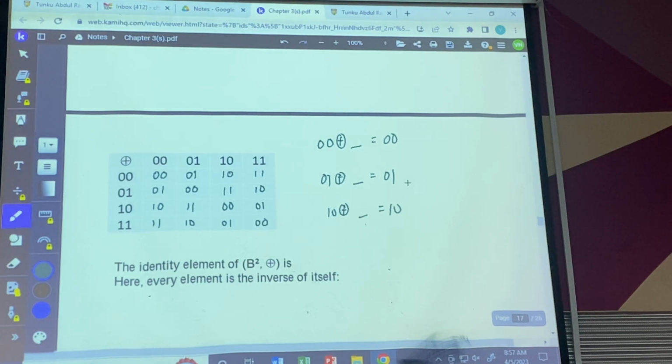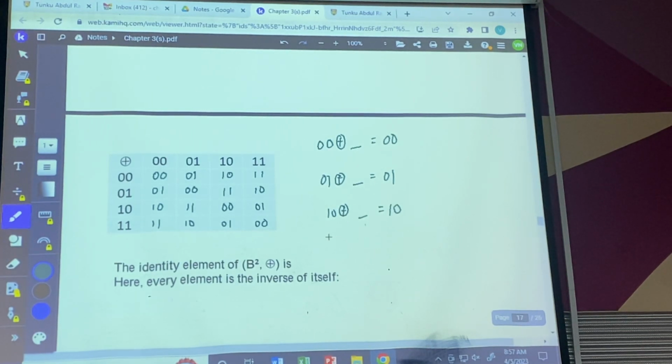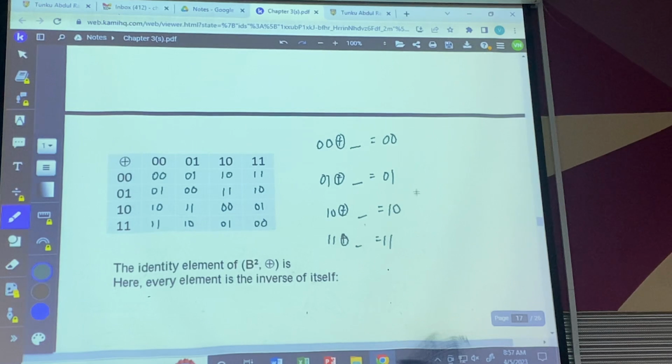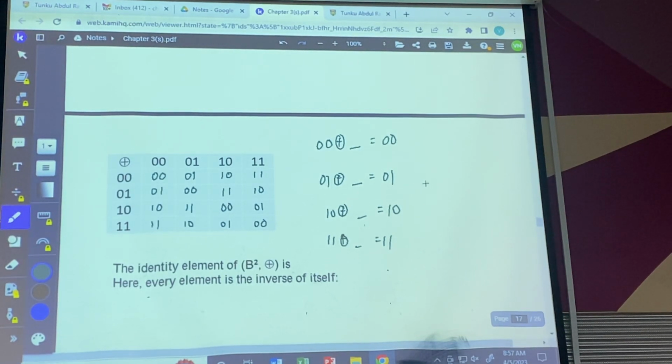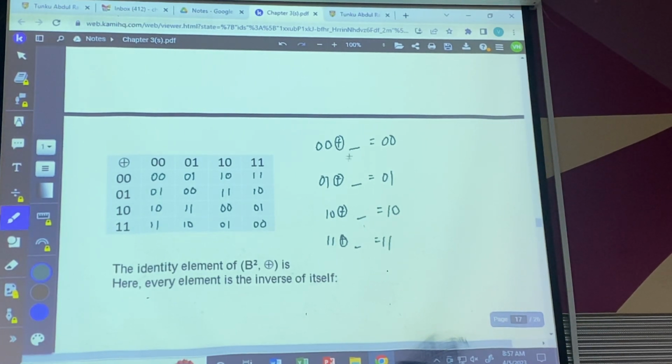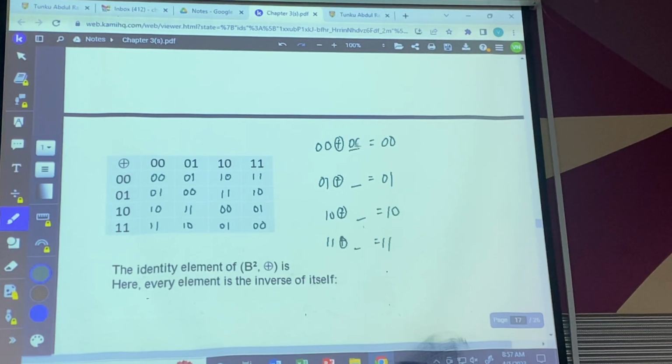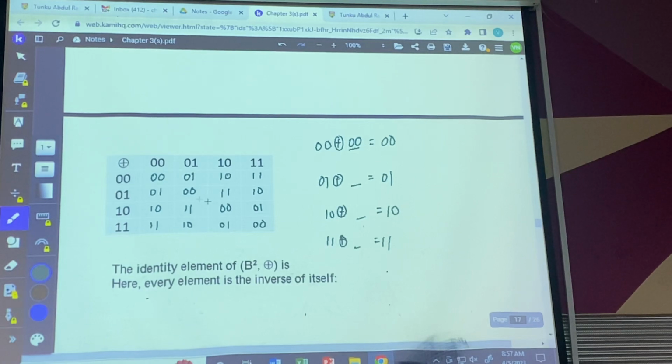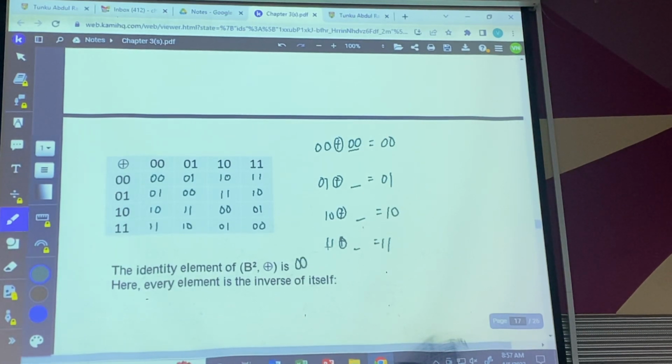What is the identity here? Yes, identity equals 00, right?